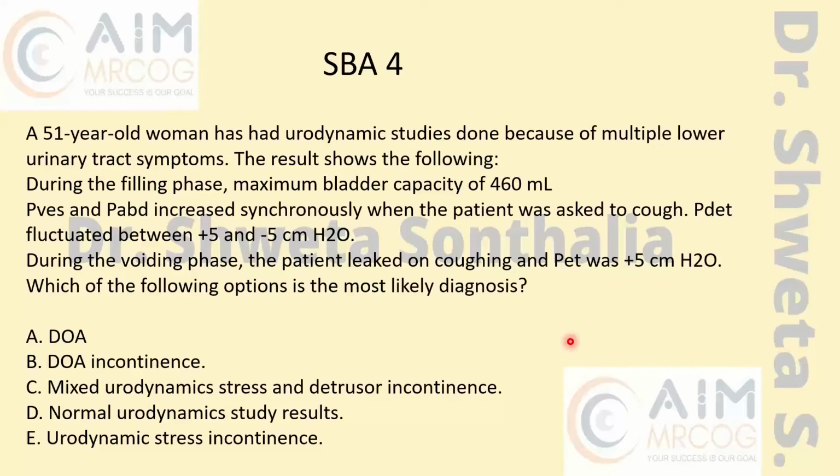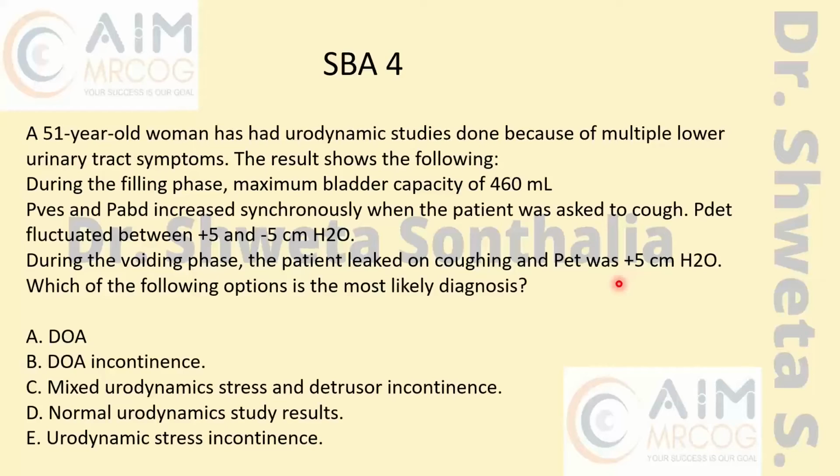Pressure detrusor fluctuated between +5 and -5 centimeter of water. During the voiding phase, the patient leaked on coughing and P detrusor pressure was +5 cm of water. Which of the following options is most likely the diagnosis?